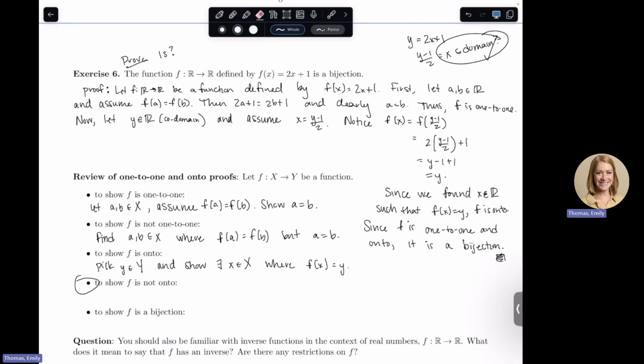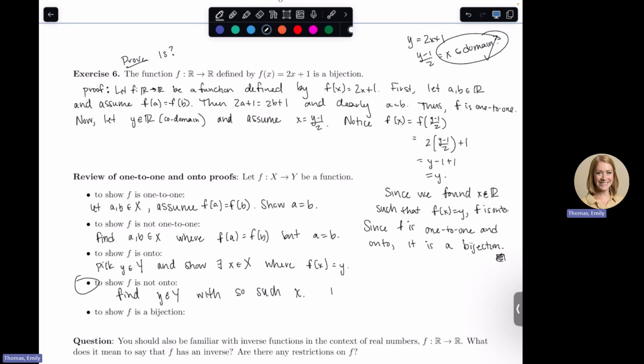Now, how would you show that something is not onto? Yeah, you would find a y in Y that doesn't have a preimage. Find y in Y with no such x.